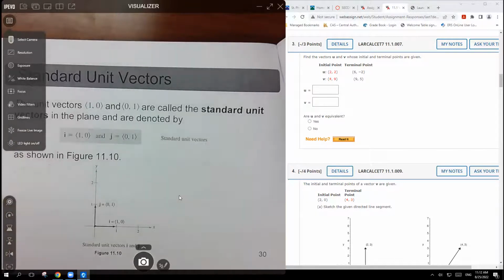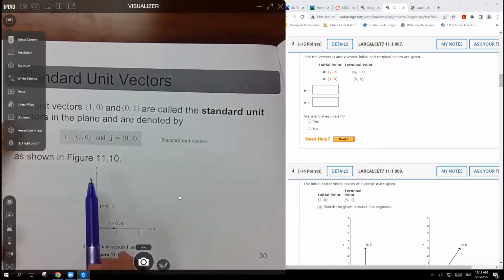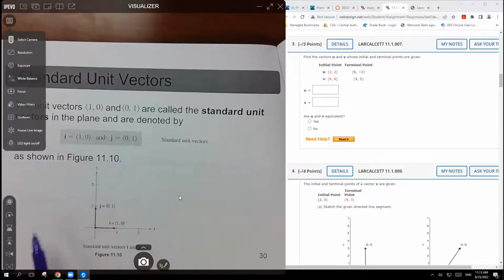So when you hear standard vector, it's a vector with the initial point (0, 0). But a standard unit vector is going to be i, which is (1, 0), or j, (0, 1).